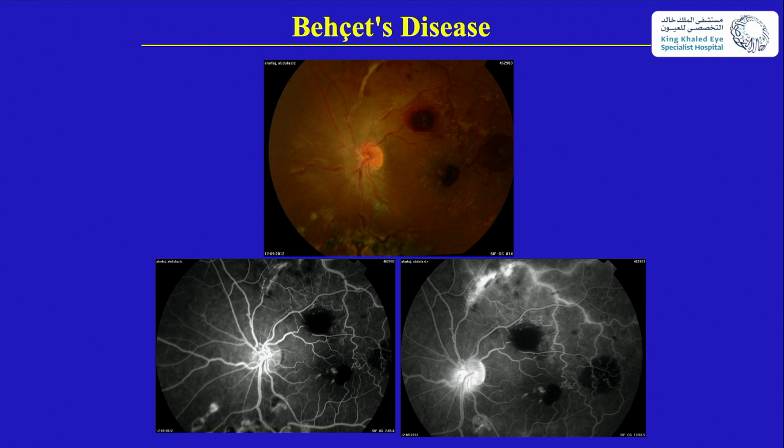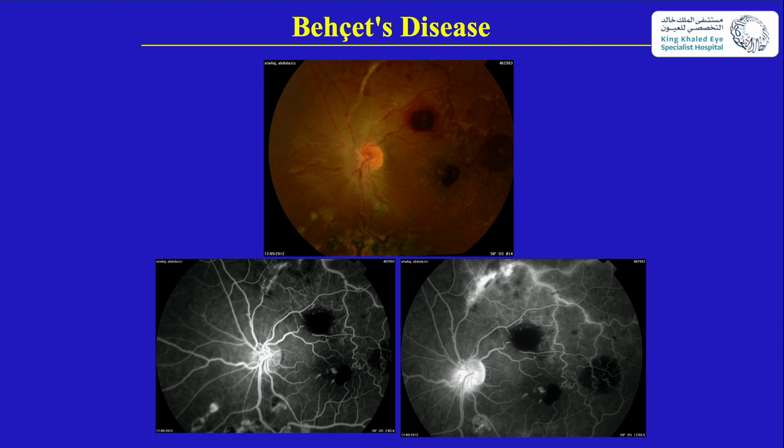So collaterals similar to the macula is a sign that this patient had recurrent episodes of branch retinal vein occlusion, but at the same time, the patient had vascular sheathing, as you can see. So this patient had recurrent attacks of branch retinal vein occlusion, because of the presence of collaterals.